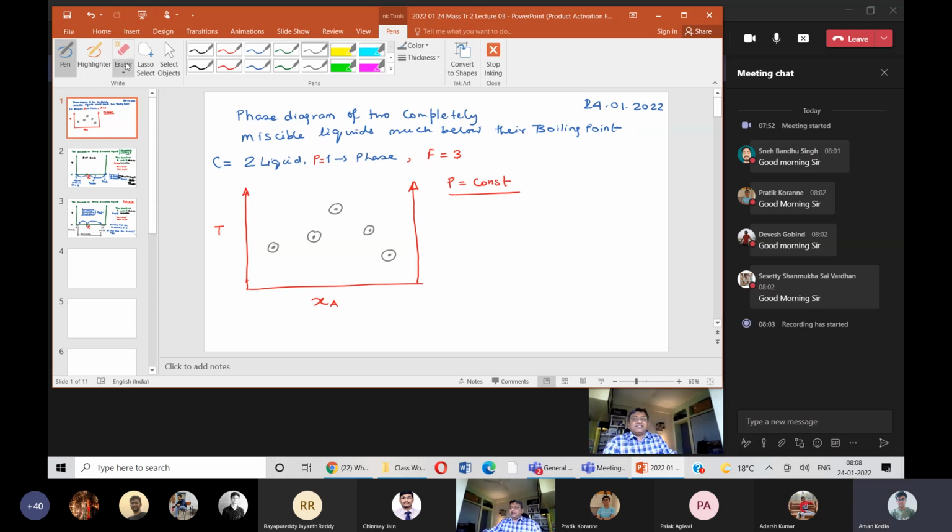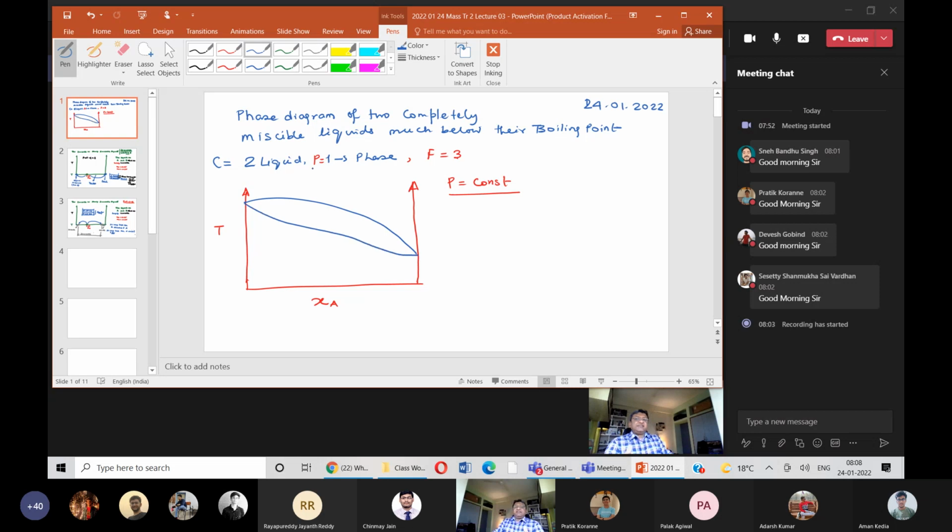So everybody understands that if somebody asks you such an apparently ridiculous question, what is the phase diagram of two completely miscible liquids, you'll be happy to give this answer, right? Only if you are looking at, so essentially now for the same phase diagram, if you go much above, you will encounter this, right?